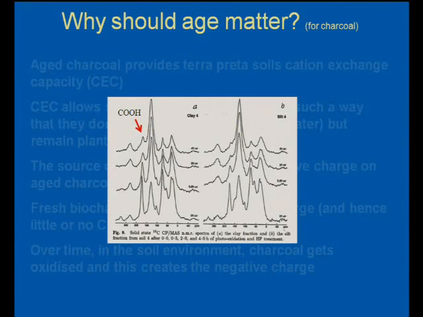I've tried to limit myself, but what I'd like to point out here is some NMR spectra of soil clay fractions and silt fractions with different lengths of photooxidation.